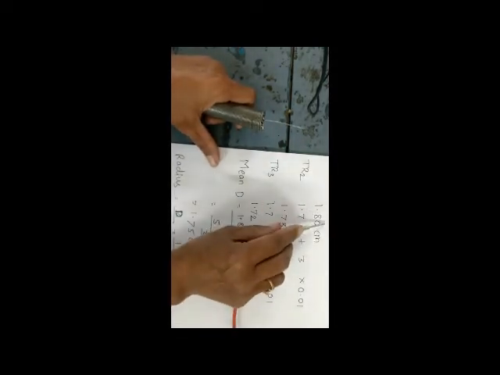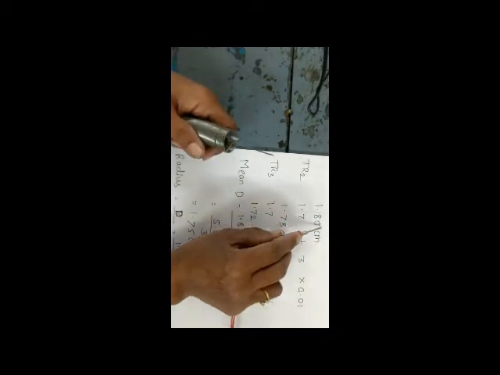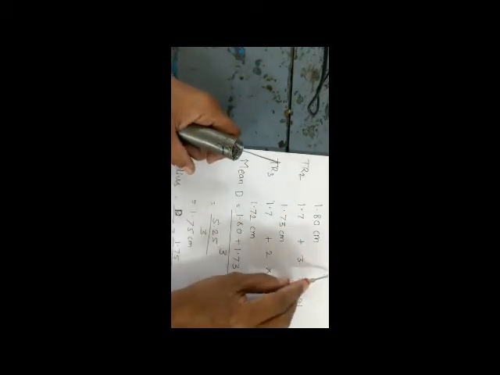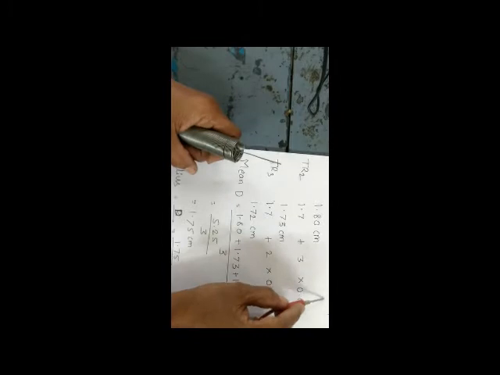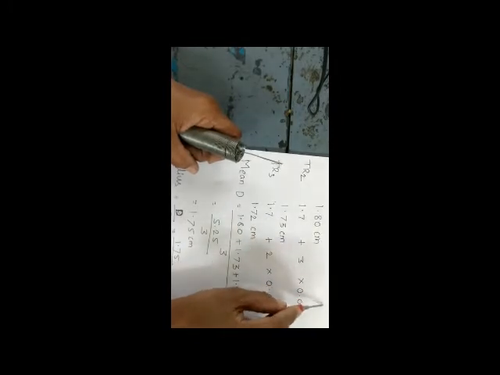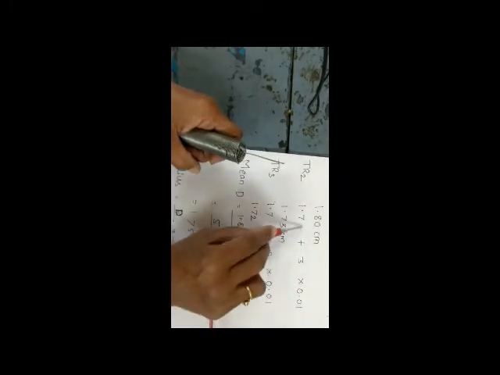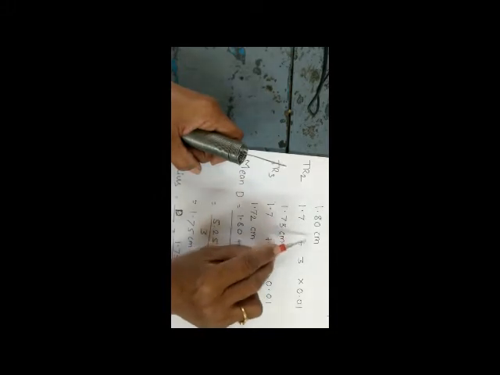The first reading is: MSR is 1.8, VSR is 0, and least count is 0.01. So we get the first reading as 1.80 centimeter. Similarly, we take another two readings at different places, and from the three readings we get the mean diameter, 1.75 centimeter.